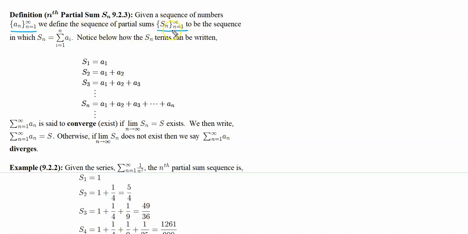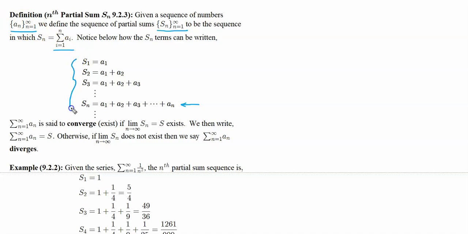This is another sequence of numbers, in which S sub n is defined to be the sum from 1 to n of a sub i. In other words, the S sub n, as we see down here, is just the sum from a1 up through an of the sequence that you're given.